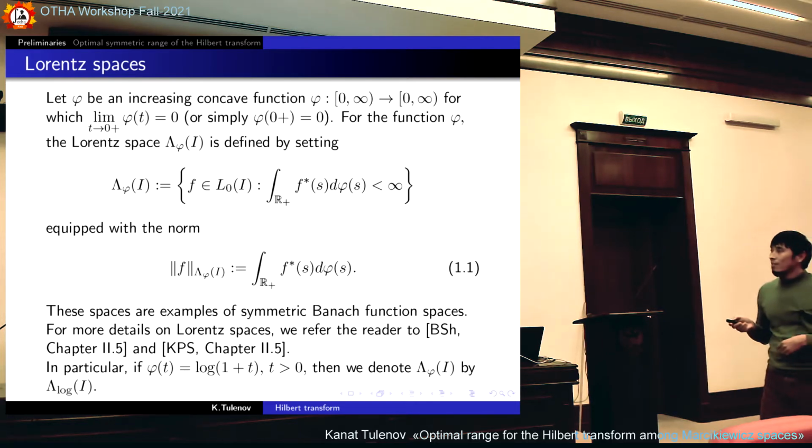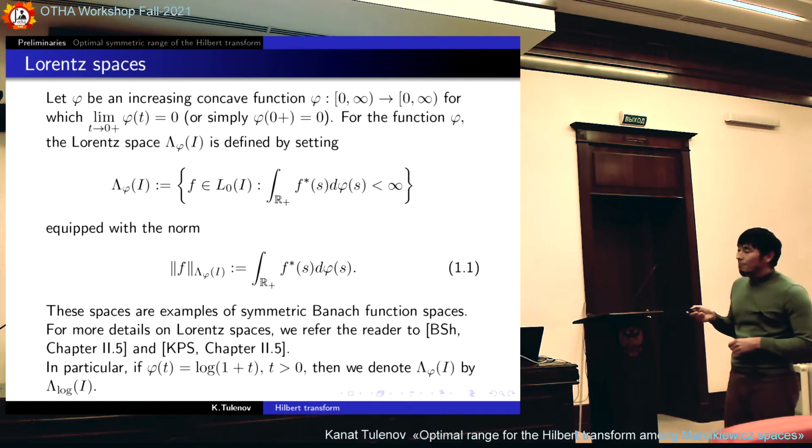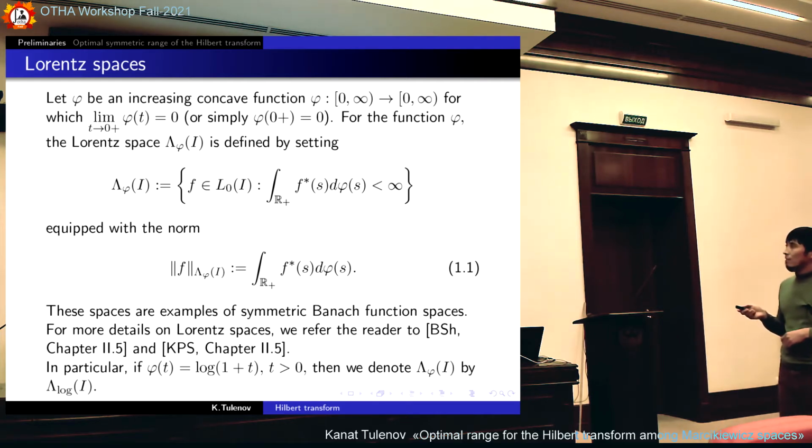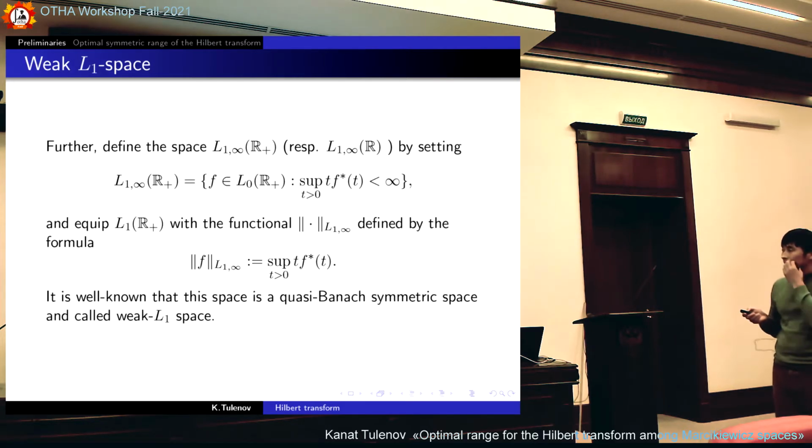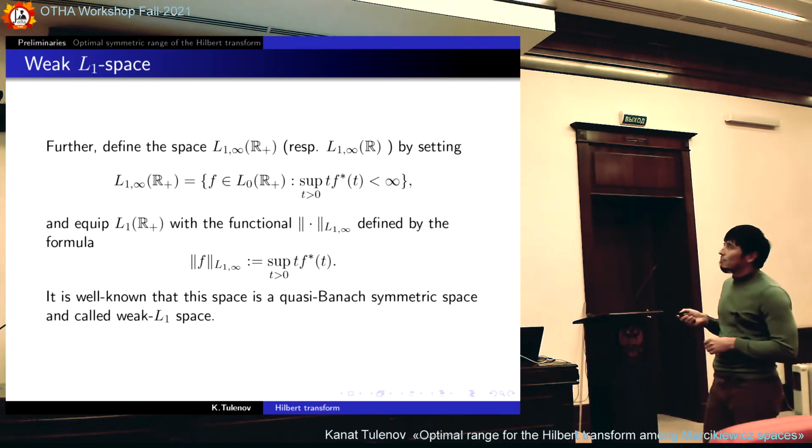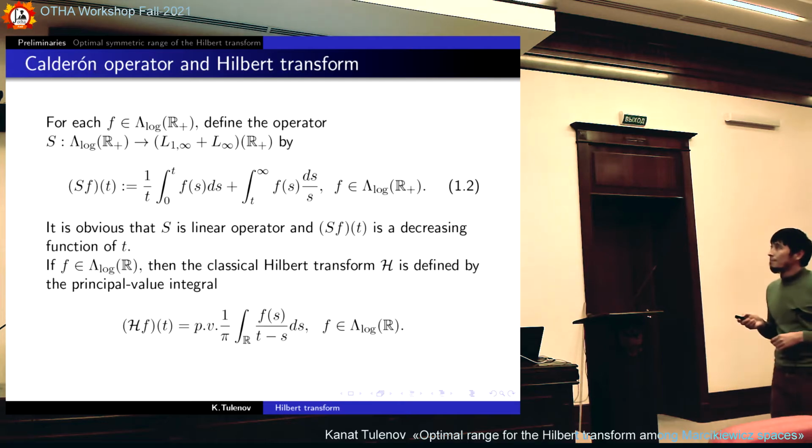In particular, if φ equals the logarithmic function, we denote Λ_φ just by Λ_log. And we further define the space called weak L1 space, defined by this setting. This space is a quasi-Banach space with this quasi-norm. In the literature, in the books, this space is called just weak L1 space.